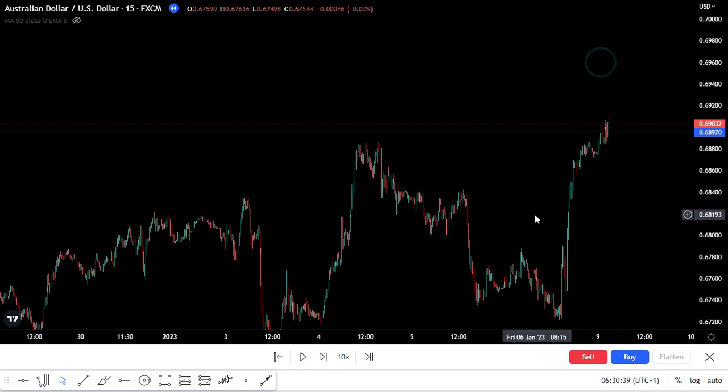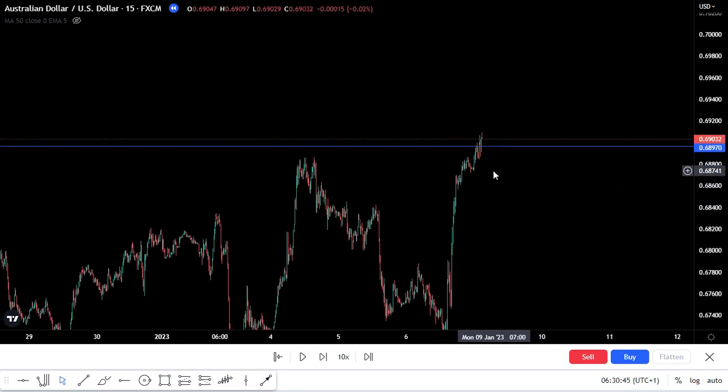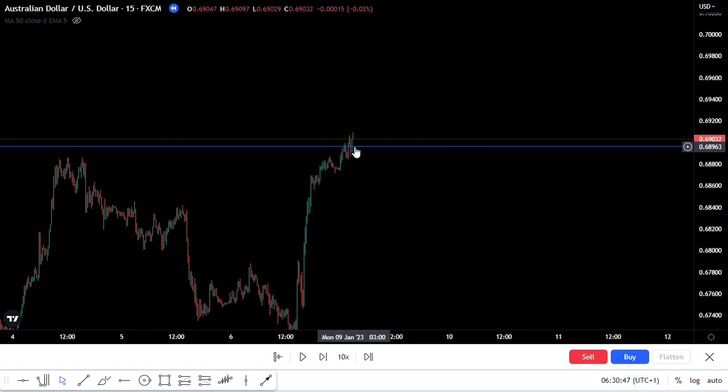If you don't understand this, check out the previous video. I've explained everything about this double top and how to take them. So this is not a valid one for now. The price has not given us that entry point. Yes, we had the price retesting a zone which you can call the double top, but the price is not giving us the entry point.